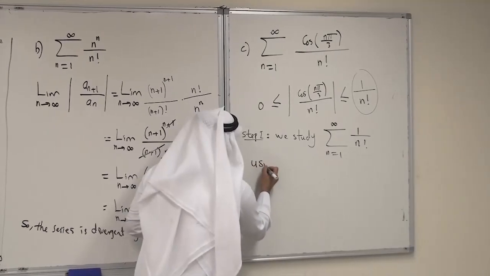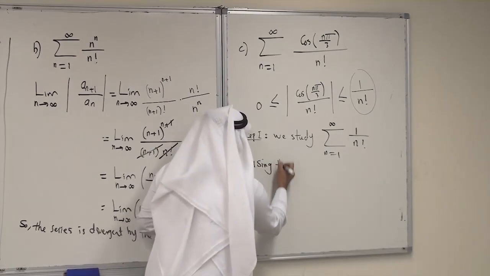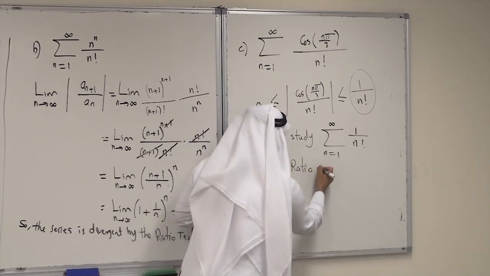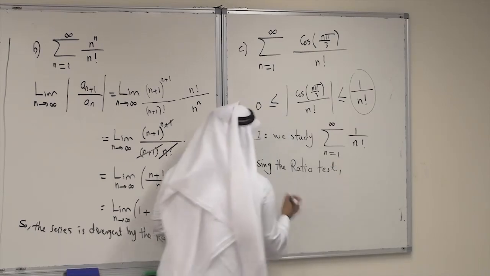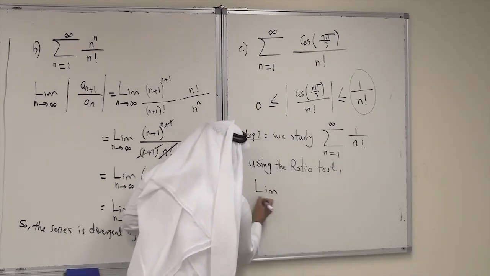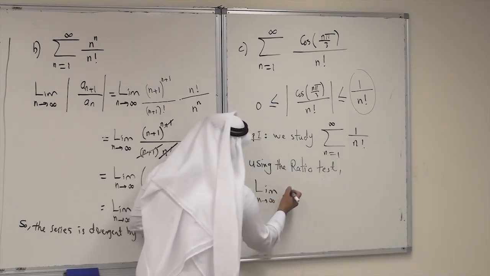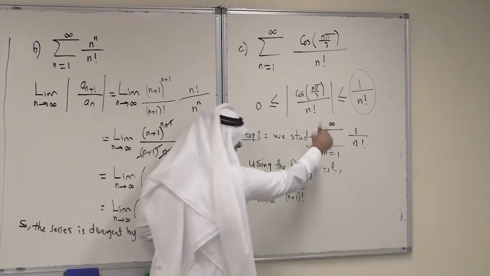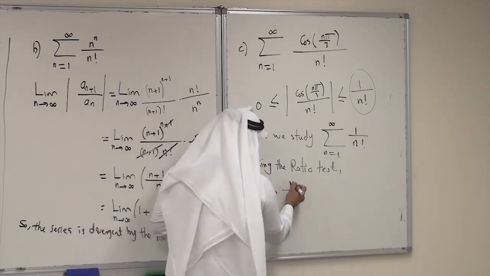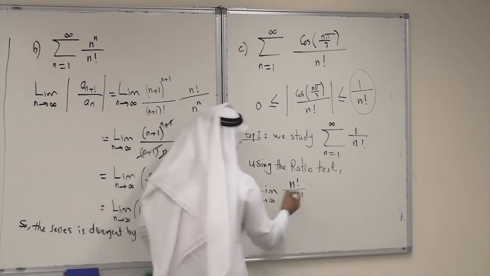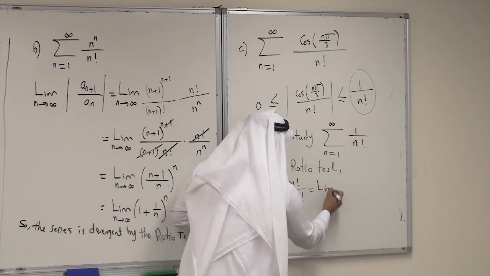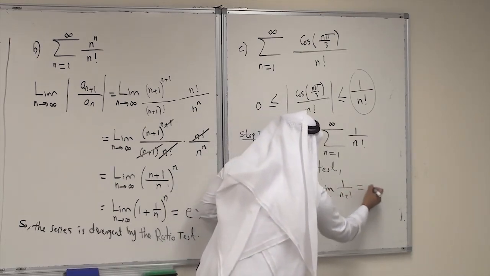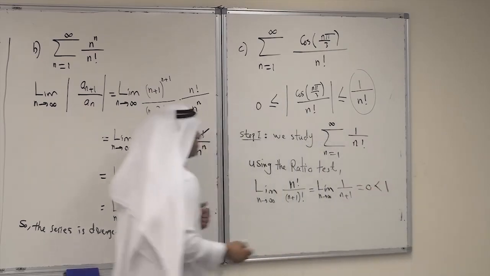Using the ratio test, what we have is this: the limit as n goes to infinity of 1 over n plus 1 factorial, divided by 1 over n factorial. So it will be n factorial divided by n plus 1 factorial, and you can show that this is the limit as n goes to infinity of 1 over n plus 1, and this is equal to 0, which is less than 1. So what is the conclusion?